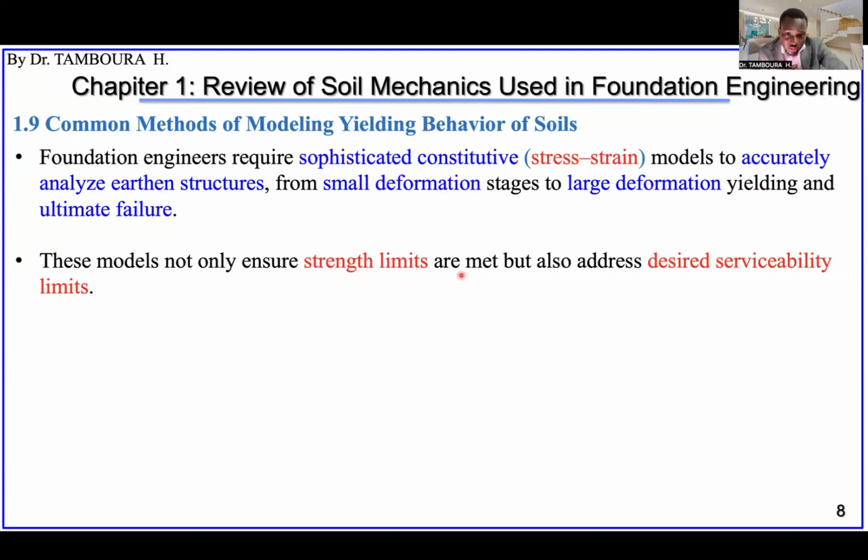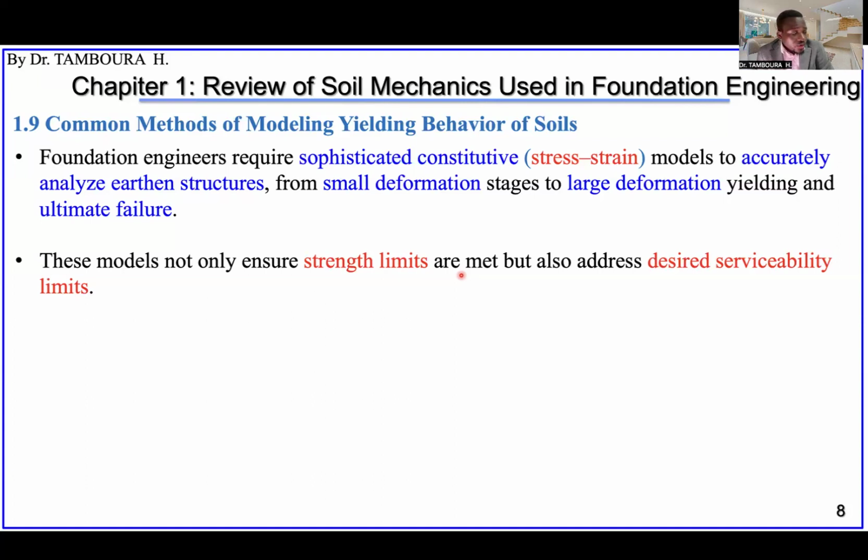So for example, if your foundation diameter is 30 centimeters, then your settlement should be around 3 centimeters maximum. You take the 30 centimeters, multiply by 10 and divide by 100, it will be 3, right? So something like that.